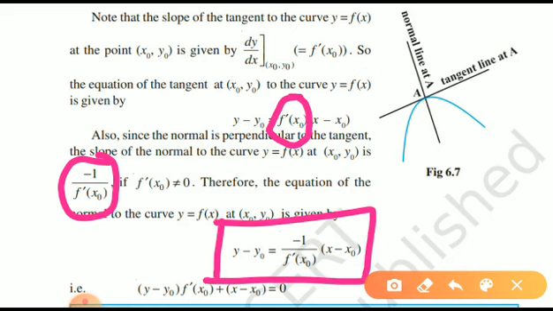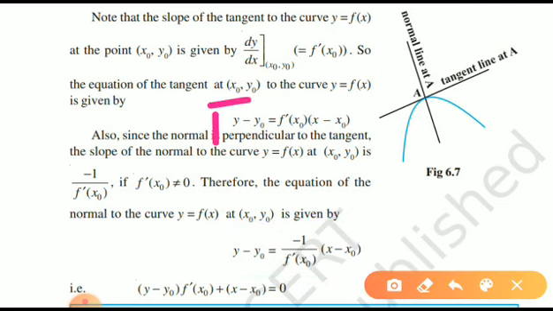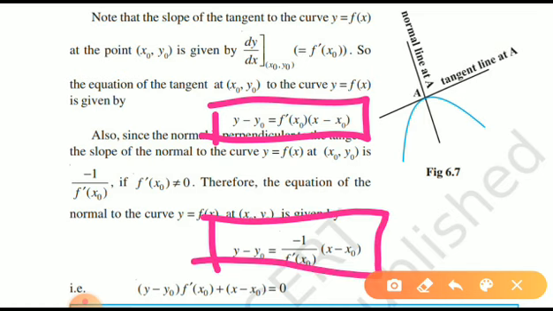Or you can just remember this equation. This will be easier to remember because we know the equation of a tangent: y minus y naught is equal to f dash of x naught into x minus x naught. For the equation of the normal, just the slope changes; the slope will be minus 1 by f dash of x naught.